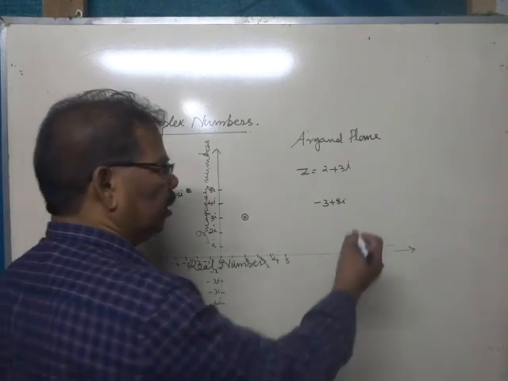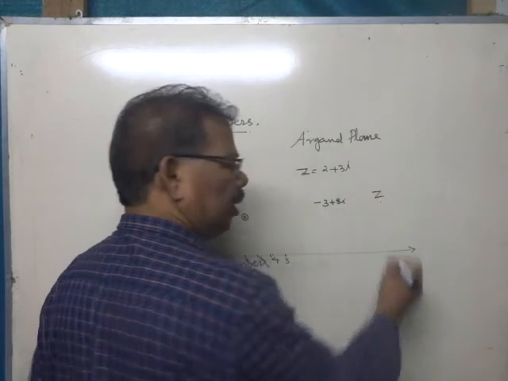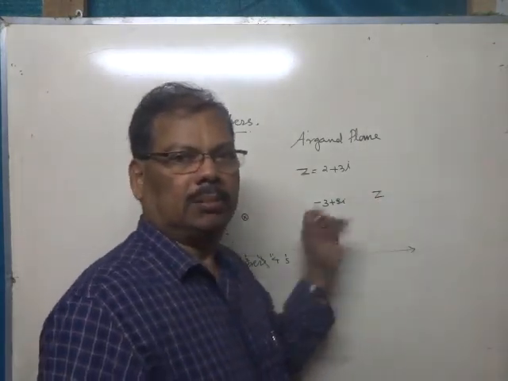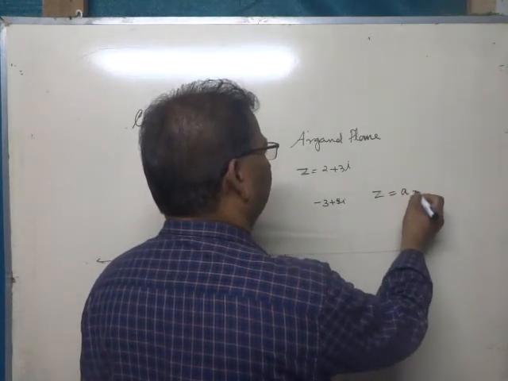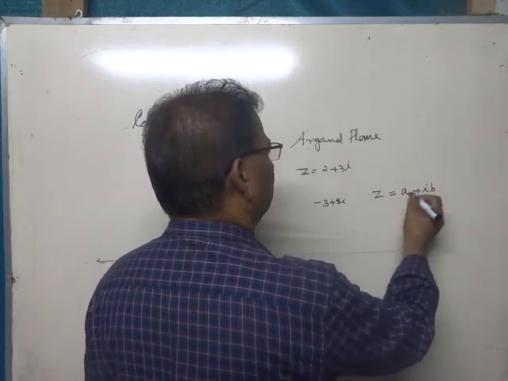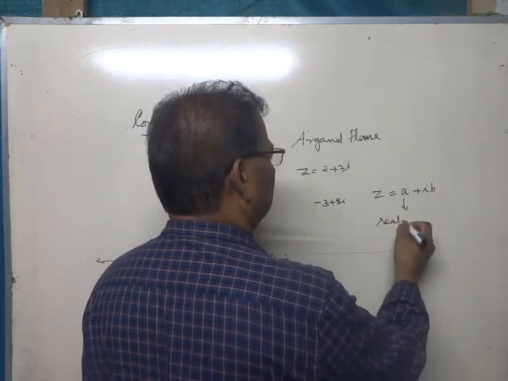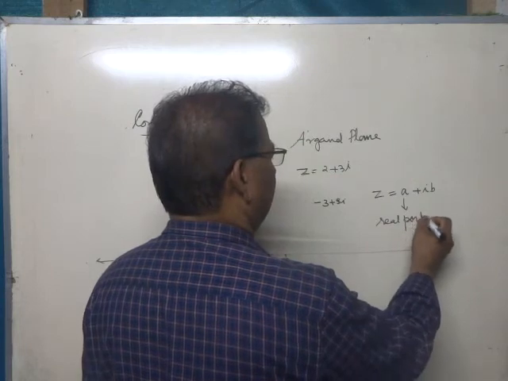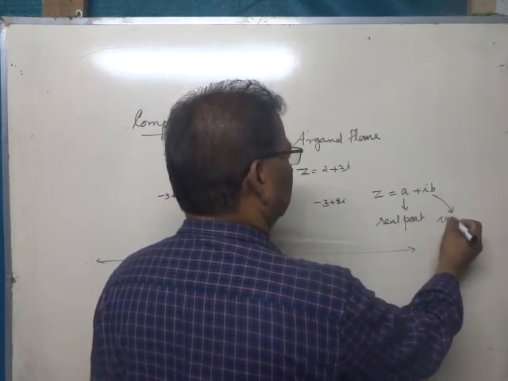A complex number Z, generally we take the letter Z for a single complex number, is of the form a plus ib. This a is the real part and b is the imaginary part.